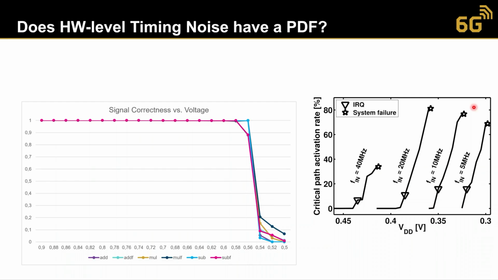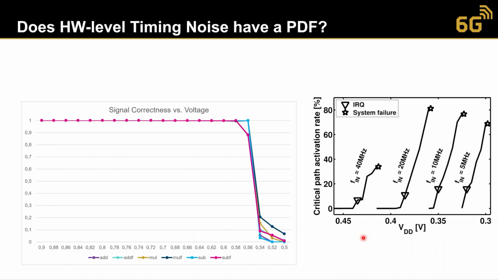And this result, again from my group, shows that you do see a very fast reduction in the signal quality. So if one gate fails, usually many gates fail. And these are measurement results from a RISC CPU with different frequencies. You really do see the number of errors going up fast, and you really have to be able to catch this.